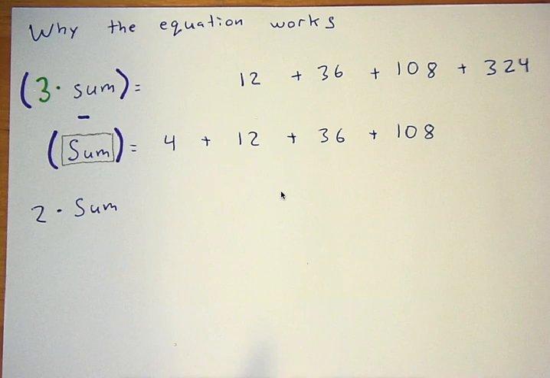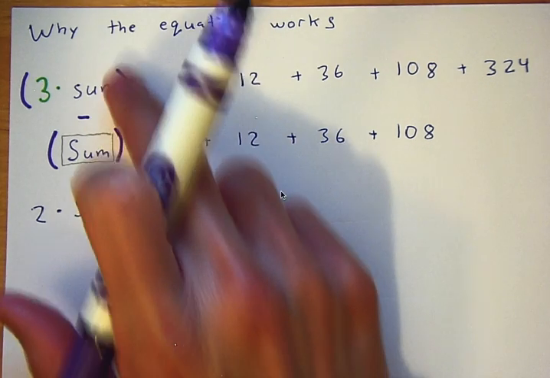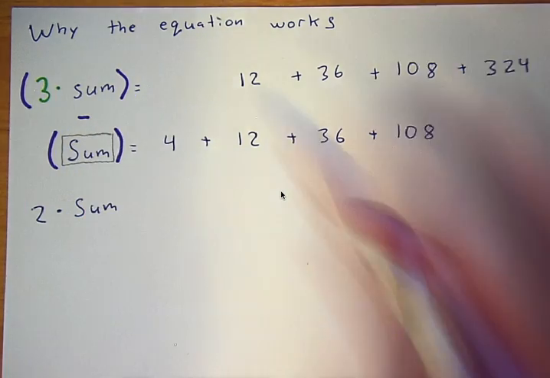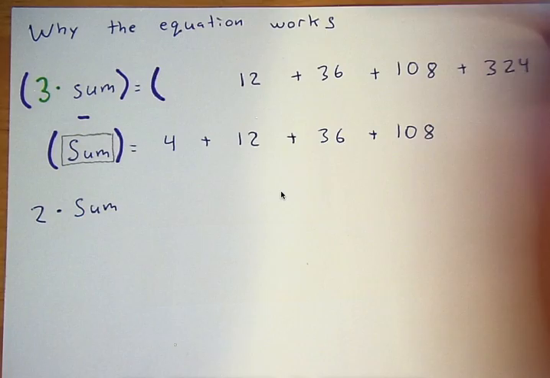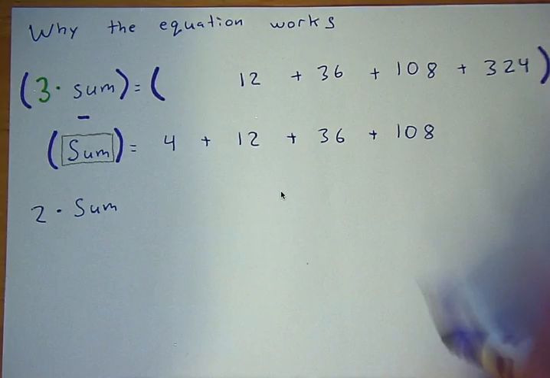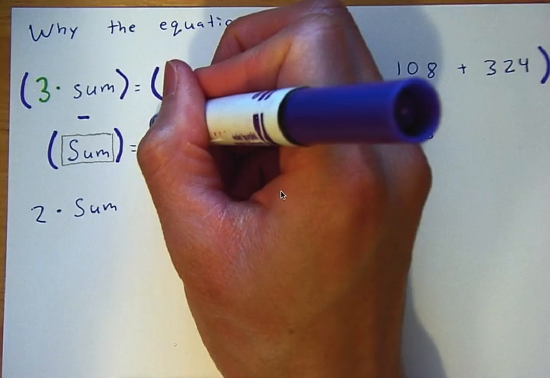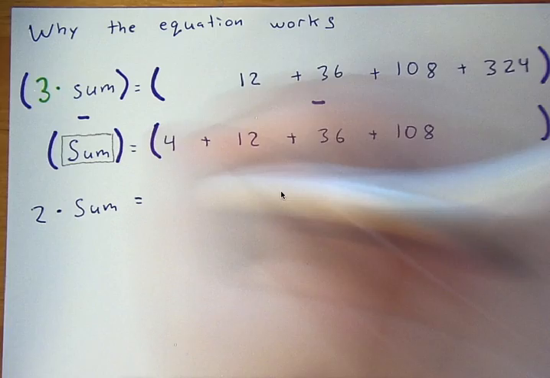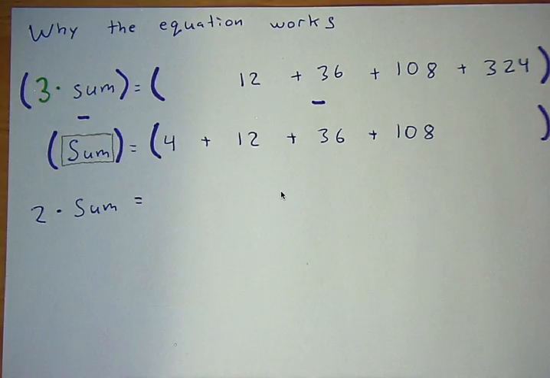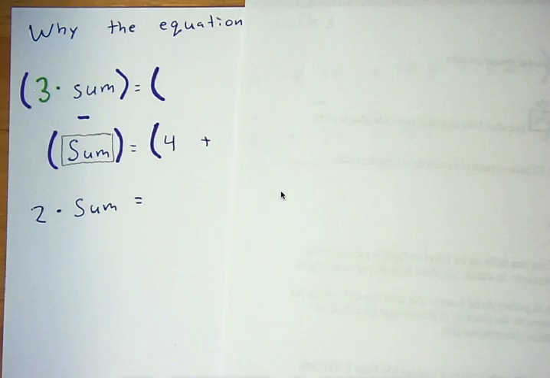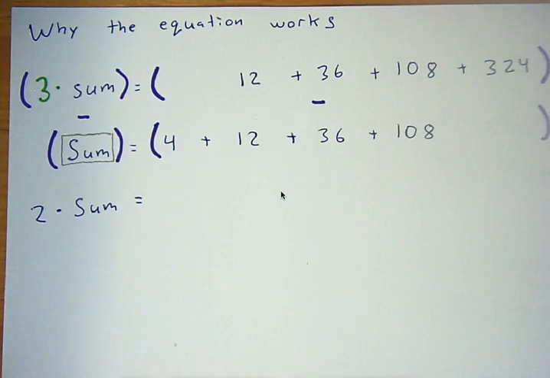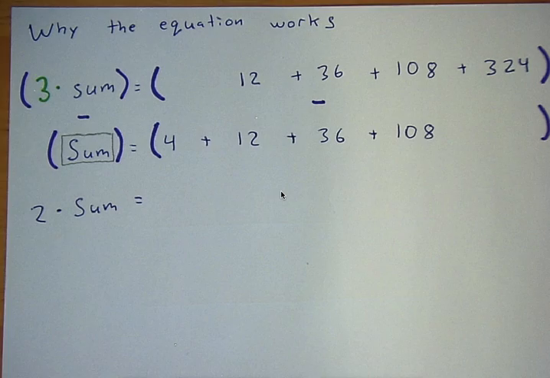Okay. So I subtracted the top line minus this line. So I'll do the same thing here. Let's subtract top line minus this line. So 0 minus 4 is negative 4.